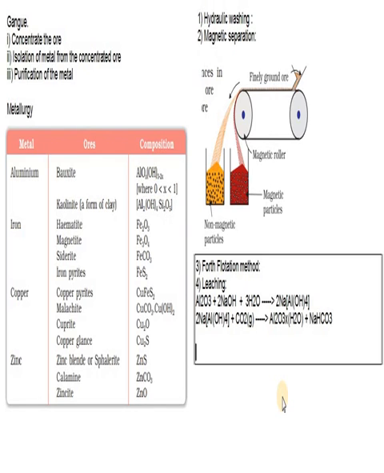So let's say Ag, we are taking the example of silver, the metal in a solid state. Sodium cyanide or any cyanide solution is used, in the presence of air. That gives you a cyanide complex, a metal complex.